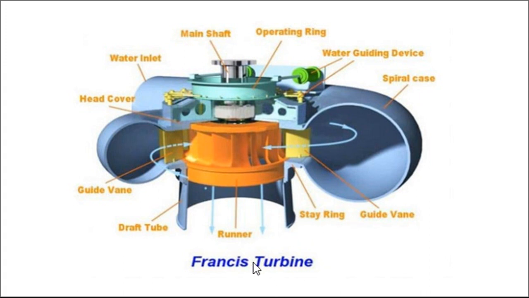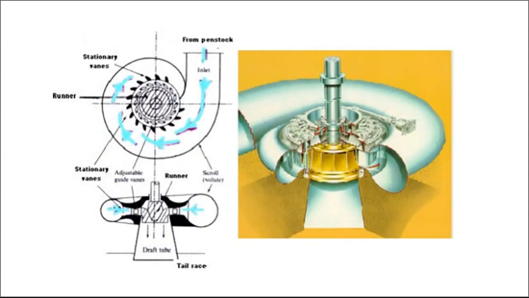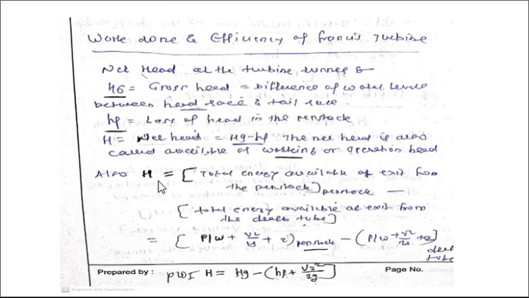This is the Francis turbine construction; you can see the diagram. Casing, then guide vanes, then runner and draft tube. This is the draft tube, then the tailrace. Now this is all about the constructional features of the Francis turbine.